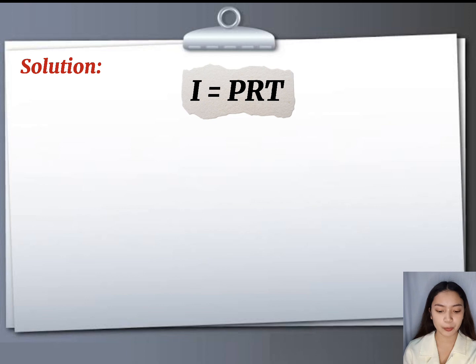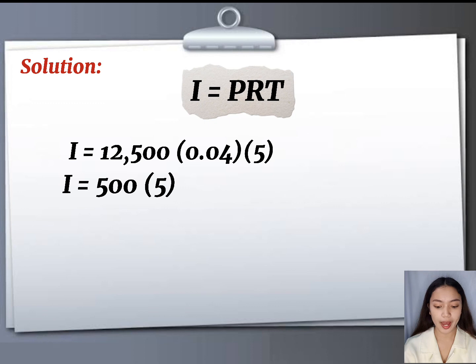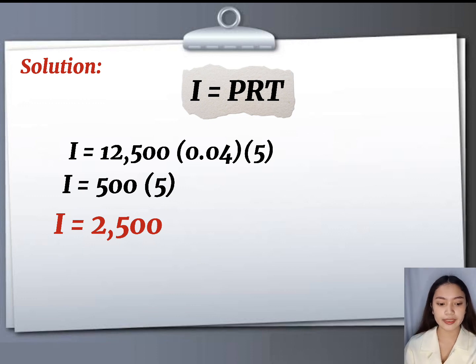Substitute the given information. I is equal to 12,500 multiplied by 0.04 multiplied by 5. So, I is equal to 500 multiplied by 5, which is equal to 2,500. So, the interest Melissa will earn in 5 years is 2,500.